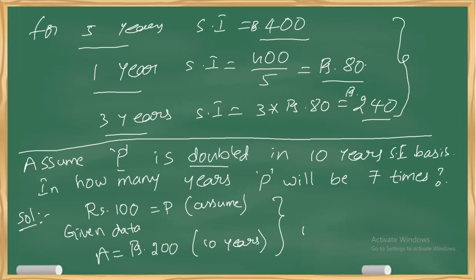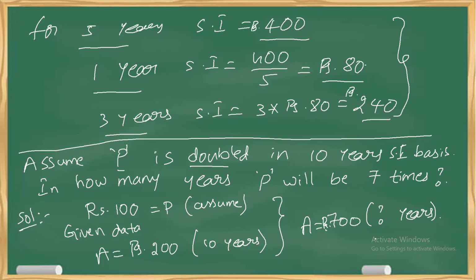Now the question is, A is equal to 700 rupees, but after how many years is the question. Try to understand the question clearly first. The given data is very clear. That means if you have taken 100 rupees from the bank initially, after 10 years you are repaying back 200 rupees.